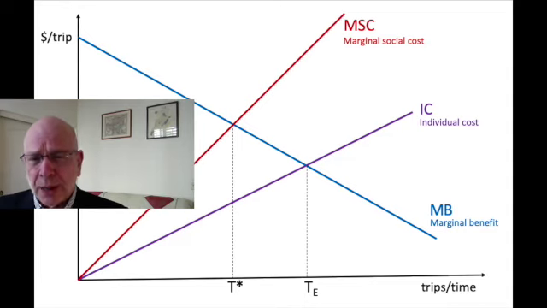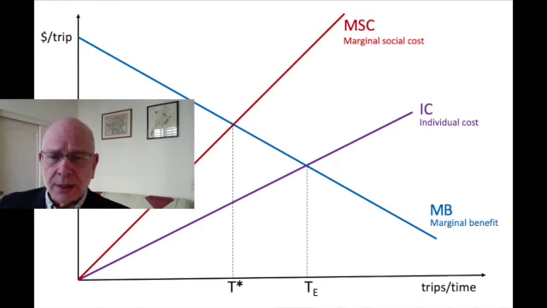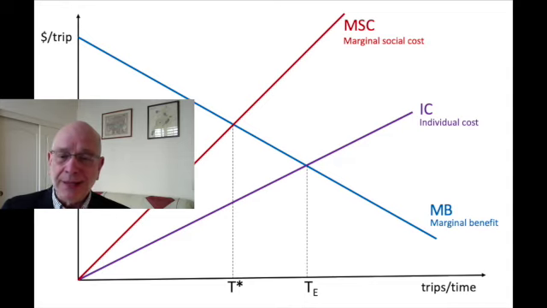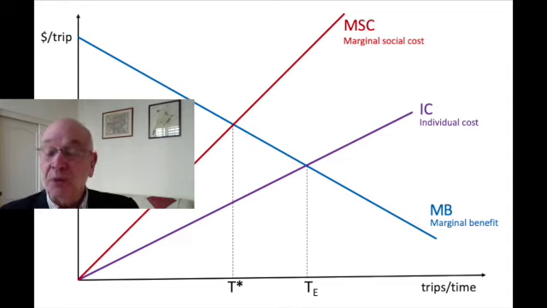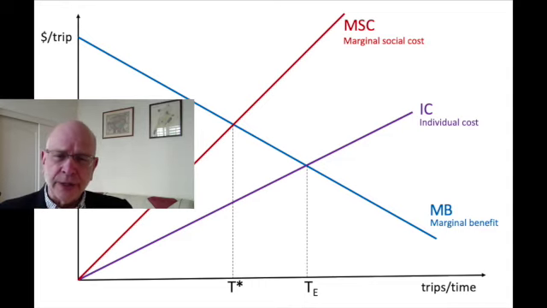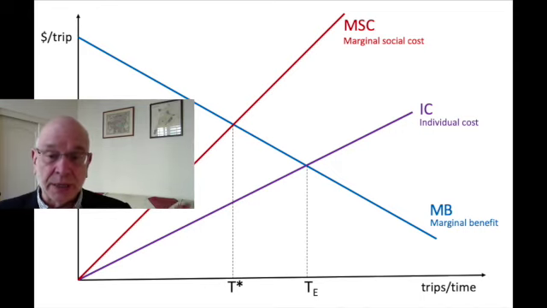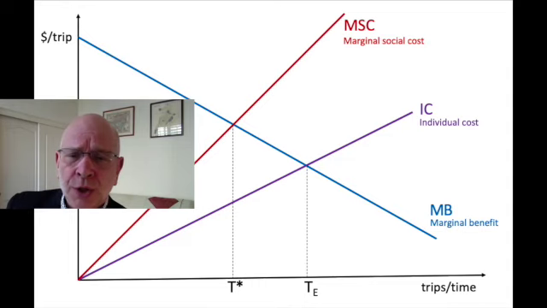Beyond that point, the cost that the individual is going to incur by taking a trip exceeds the marginal benefit that would be gained by this driver, and so they'll pass. They won't take that trip. So that's the equilibrium point.